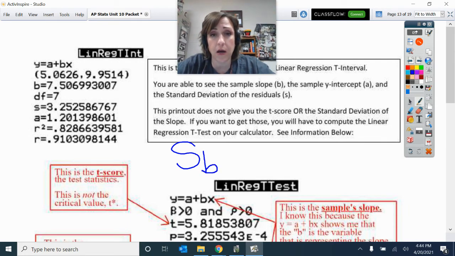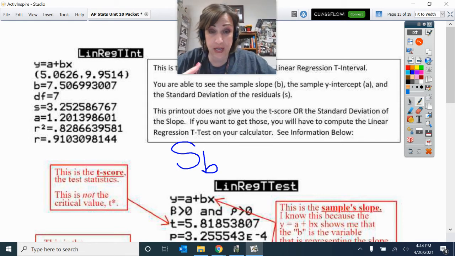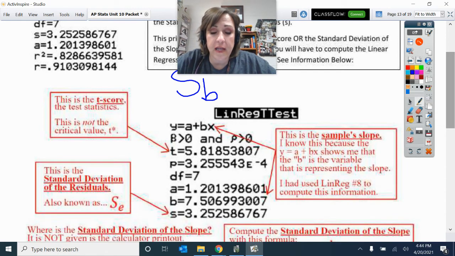It is not on this linear regression t interval printout. So you can manipulate it and compute it if you go do the linear regression t test.